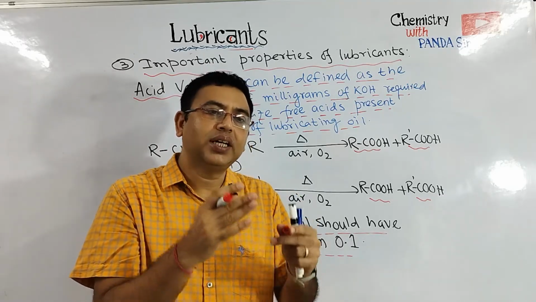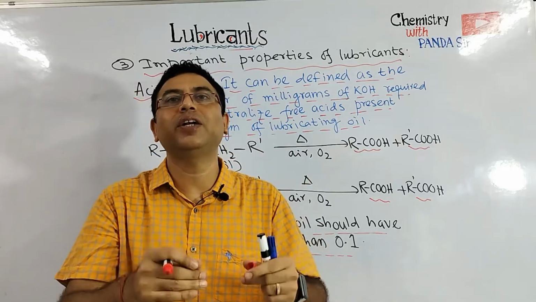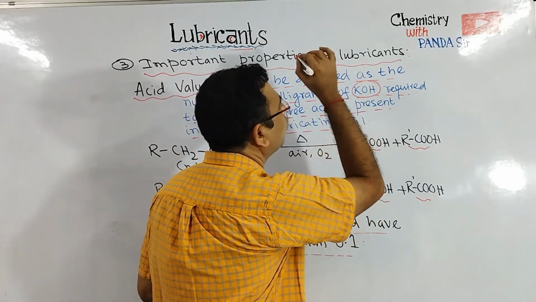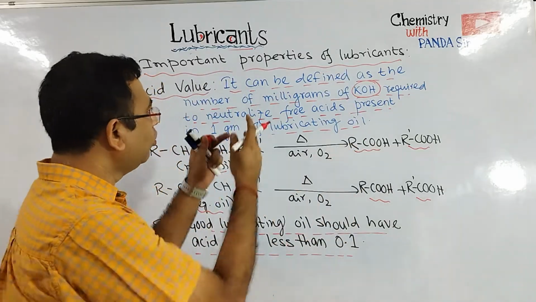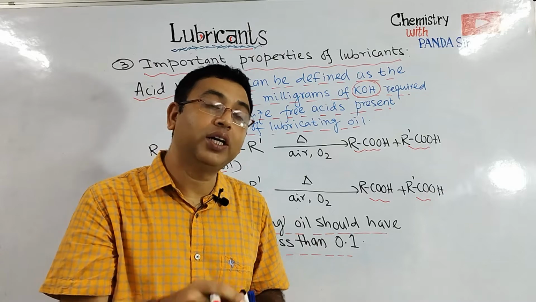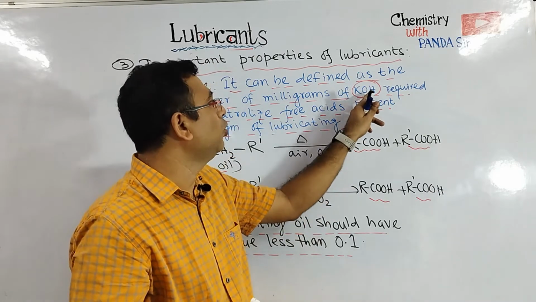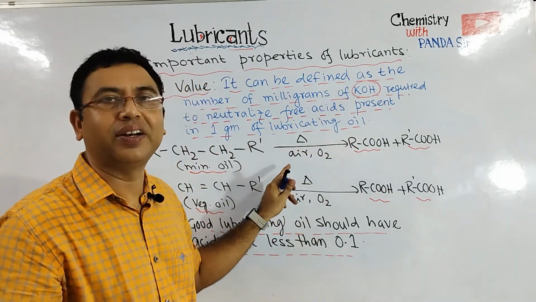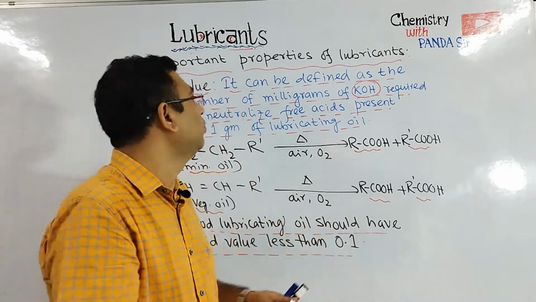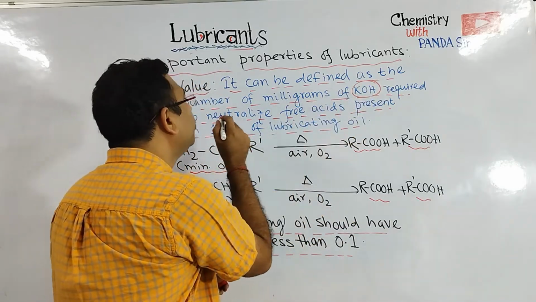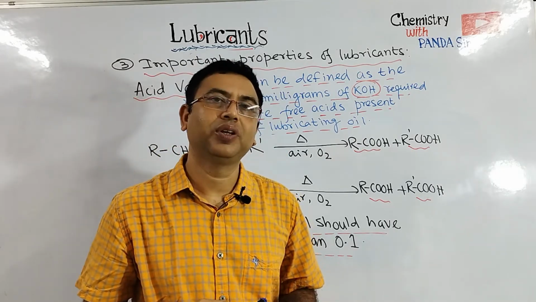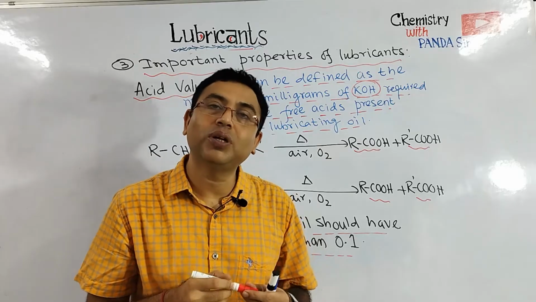To determine the acid, we have to titrate with a base, and that is why we took potassium hydroxide. KOH is a base and we are titrating the acid, an acid-base neutralization reaction. So the milligrams of KOH required to neutralize the free acid present in the lubricating oil is the definition of the acid value.